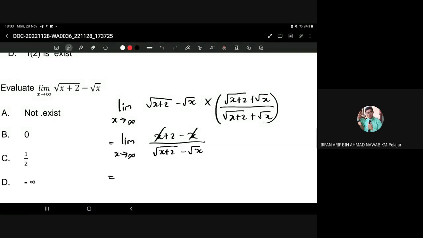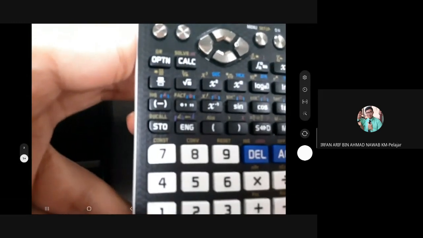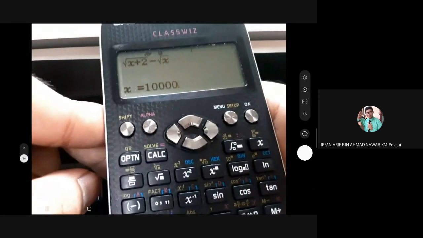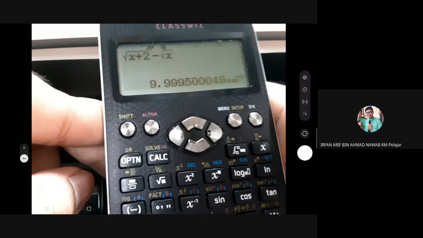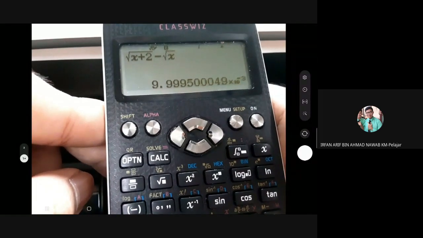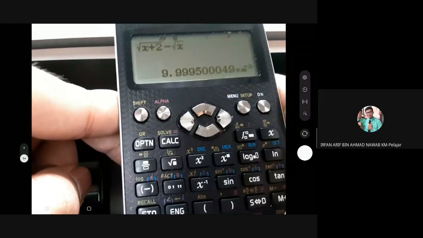Let's evaluate more. Let's go for 10,000. Just press calc as usual and evaluate 10,000. For this you will get 0.00999.